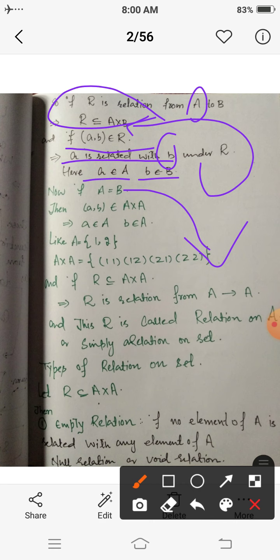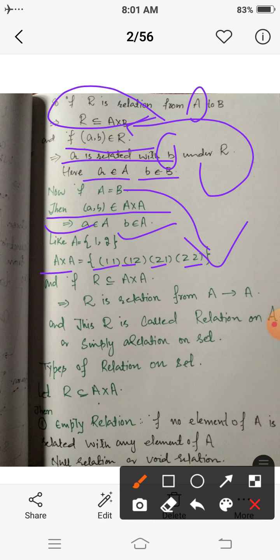If the ordered pair (a, b) belongs to A cross A, this means that the first element belongs to A and the second also belongs to A. So we take the first entry from A and the second from A also. Like if A equals {1, 2}, then A cross A is {(1,1), (1,2), (2,1), (2,2)}. So this is the Cartesian product of the set with itself.